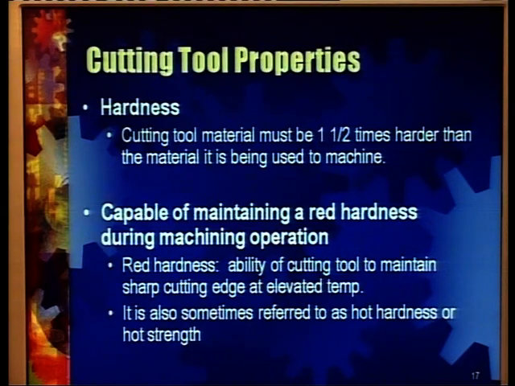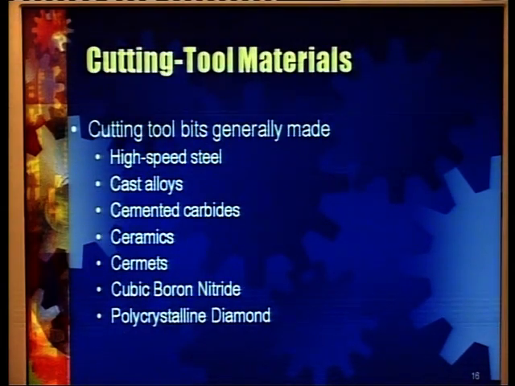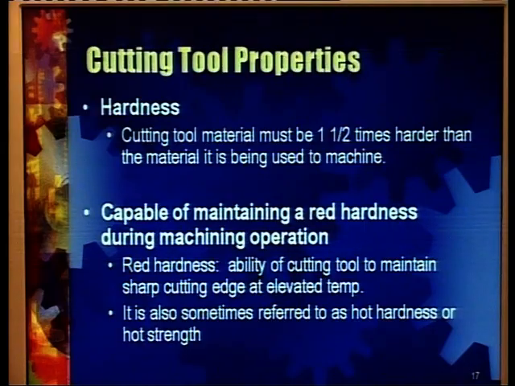That is why sometimes we even use polycrystalline diamonds for cutting very hard material, since diamond is the hardest material available in the earth's crust. The material should be capable of maintaining red hardness during machining operations. Red hardness means that when machining is going on, the temperature of the job and the workpiece goes up.